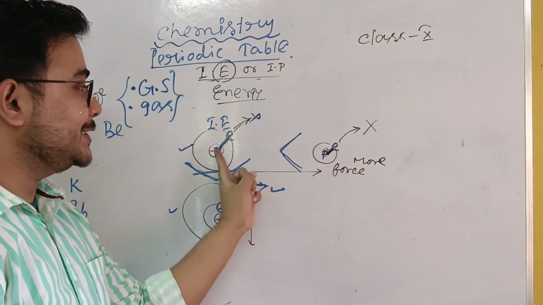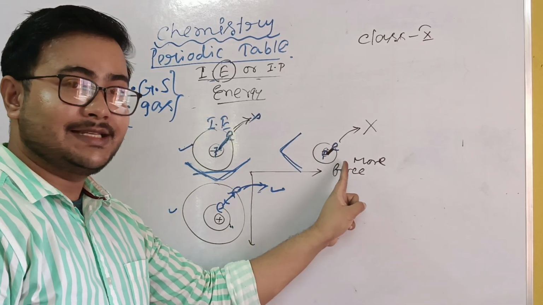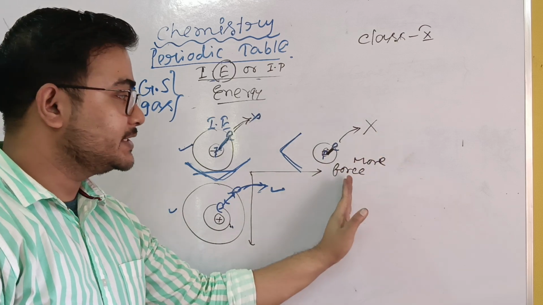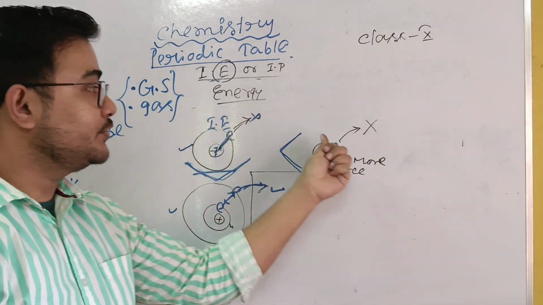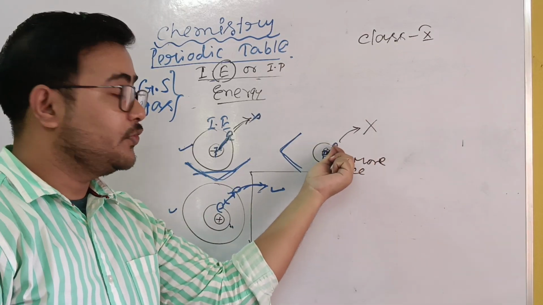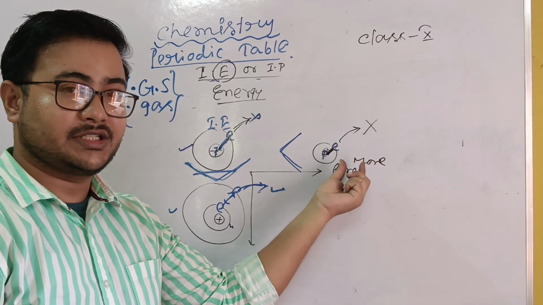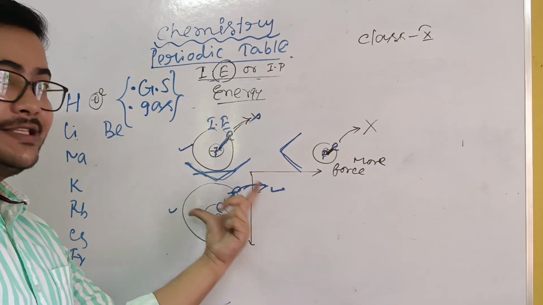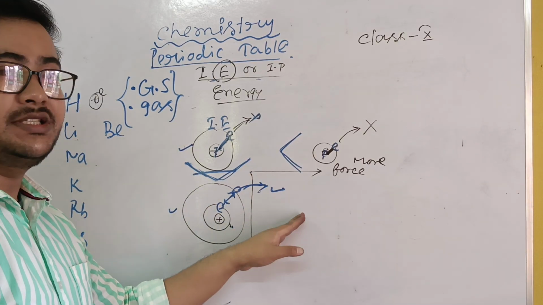When you consider these two elements, here the radius is less, so there is more attraction and we cannot remove the electron easily. Ionization energy increases. Because what is ionization energy? The amount of energy required to remove this electron. Here, more energy is required because of more attraction. But if we consider these two, here the distance is more, attraction is less, so we can easily remove this.